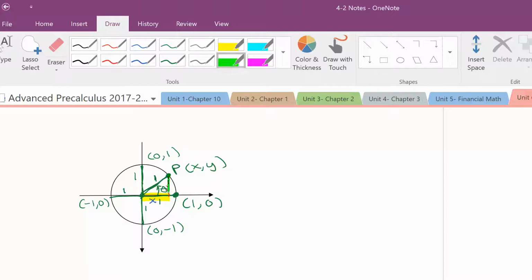This side here will be the same as the y value.